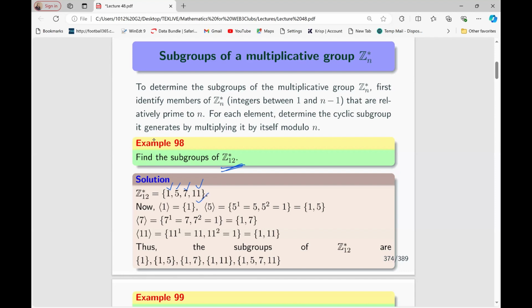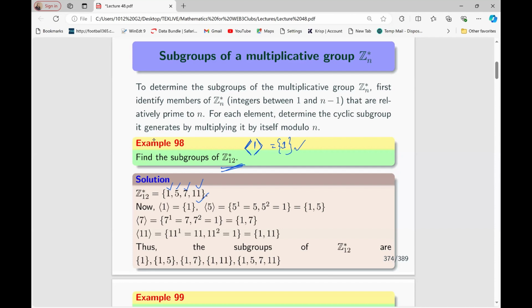So 1 once gives us 1. That means 1 generates this subgroup. When it generates, we put it in this bracket, which means the subgroup generated by the element. So the subgroup generated by 1 is this.